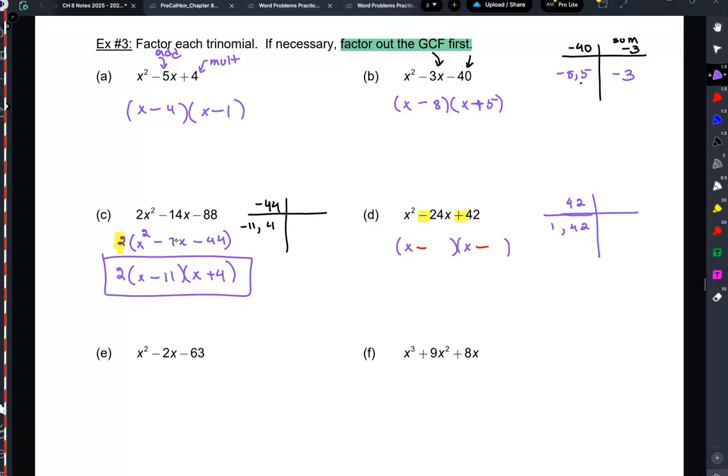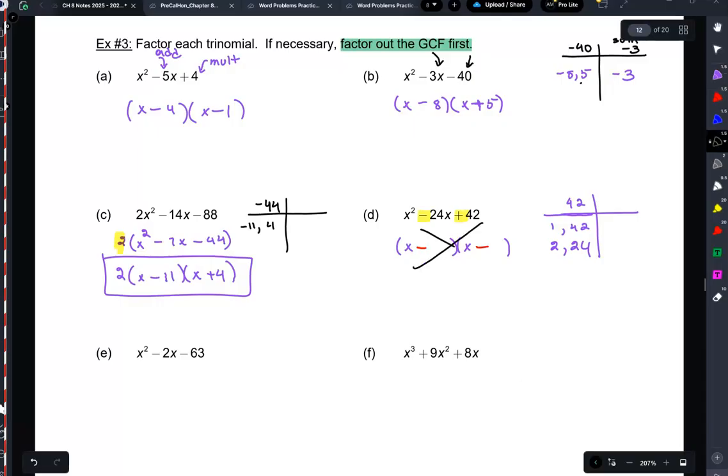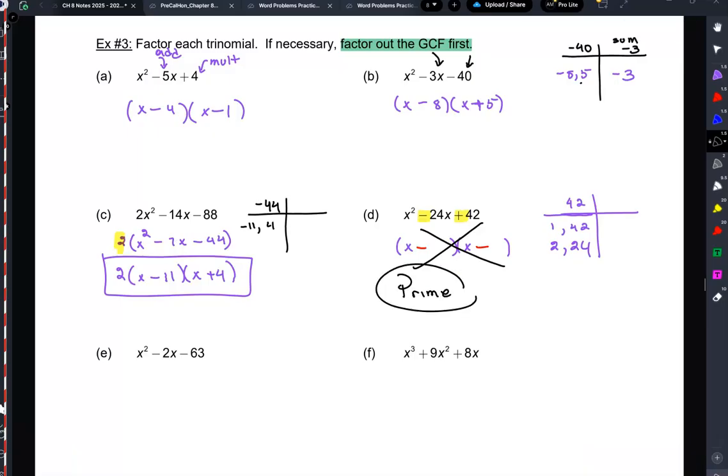There has to be a pretty big difference, right? Is 2 and what else? 2 and 21. Okay. There are no numbers that add to 24, right, that multiply to 42. So then what? You can't factor it. We call it prime. Okay? We call it prime.